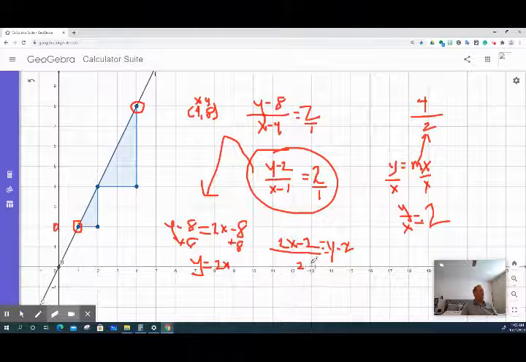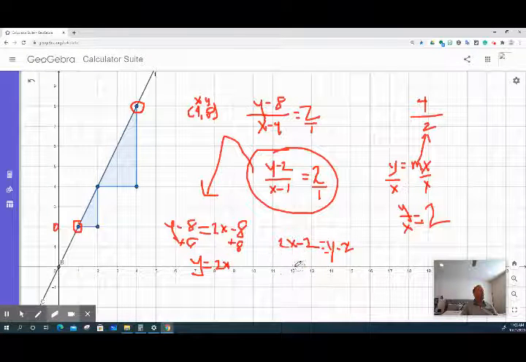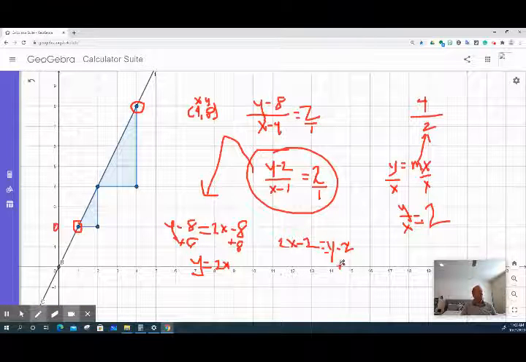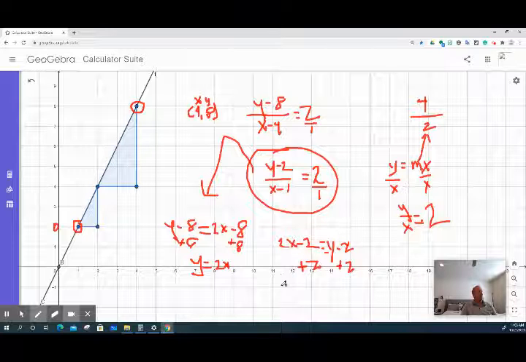So let me erase some of this stuff so it gets out of the way. So we want y all by itself again. So this time we're going to do it to this side. We're going to add 2 here, add 2 here. That goes away, and it leaves me 2x equals y.